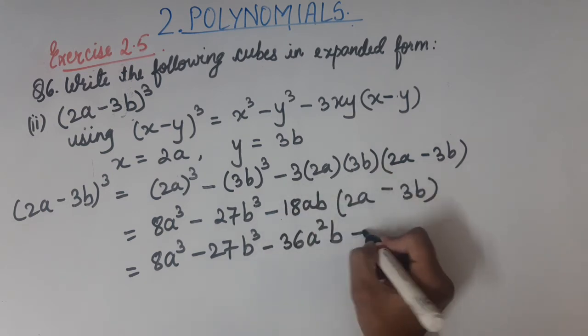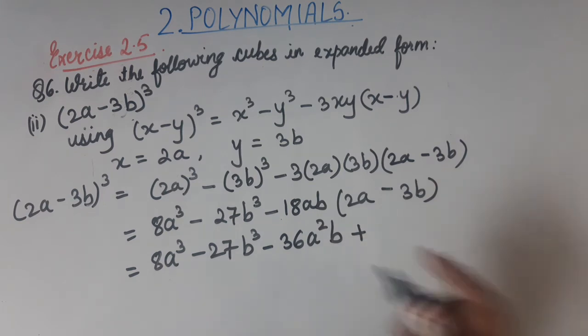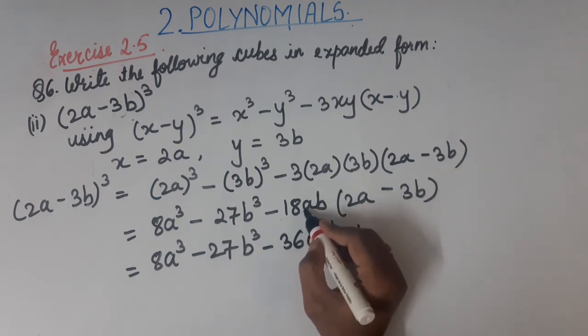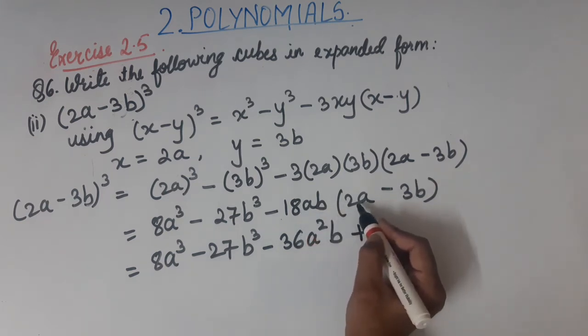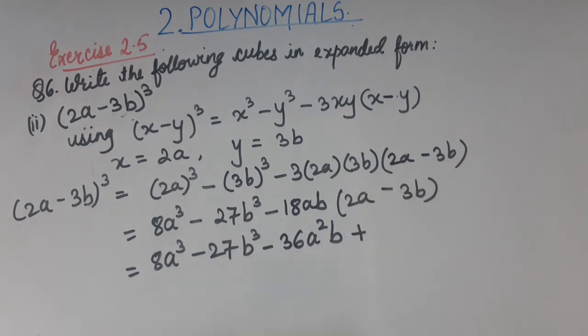Multiply minus 18ab with the first term, then multiply minus 18ab with the second term. You have to concentrate on the signs, because if negative negative is there, it will become positive.